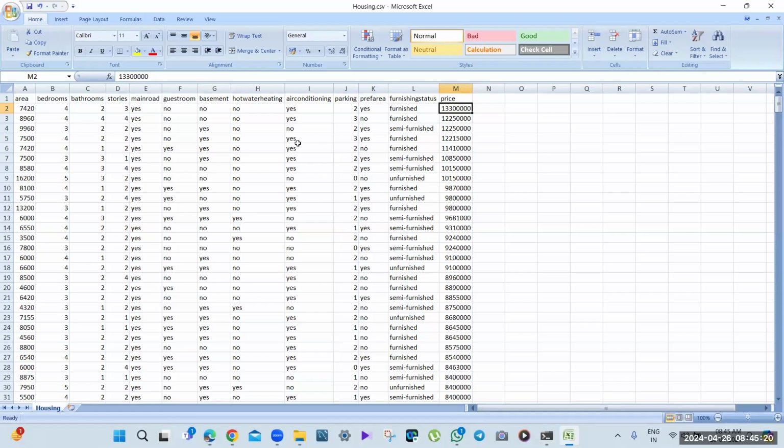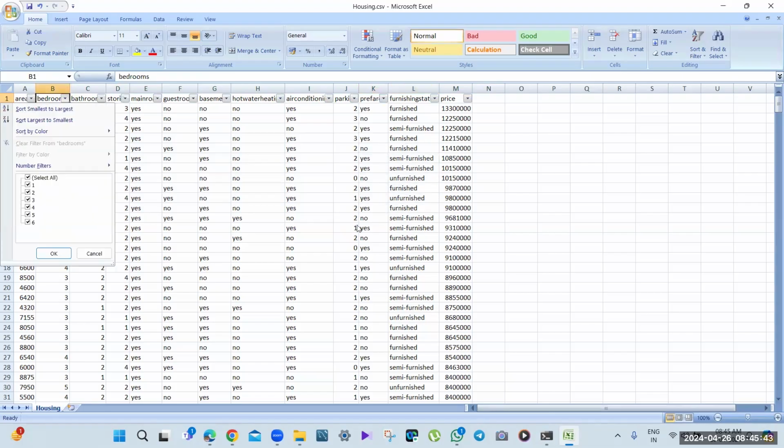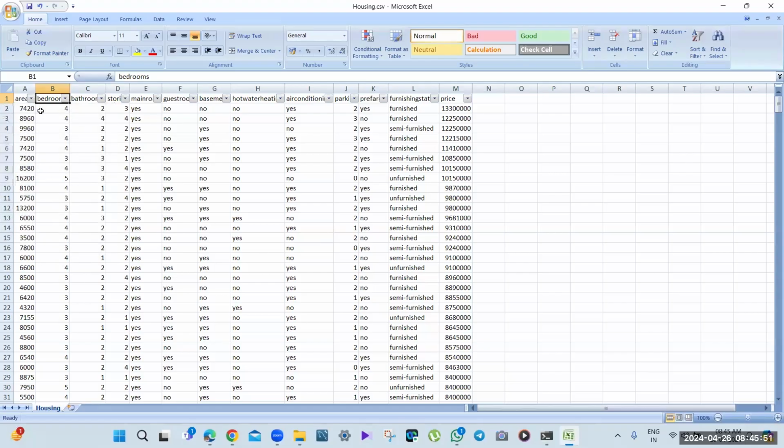Now, don't get confused with these numerical features. These are also numerical features, right? 1, 2, 3, 4. This is 1, 2, 3. So this is also numerical. And these yes, no values are categorical. These are strings. These are categoricals. Now, even though these things are numerical, like bedroom, the final outcome is limited. It's not something which goes from minus infinity to plus infinity.